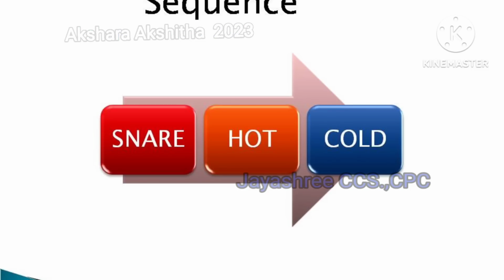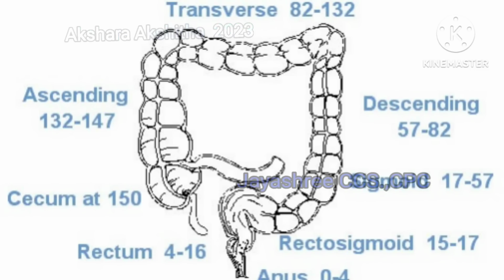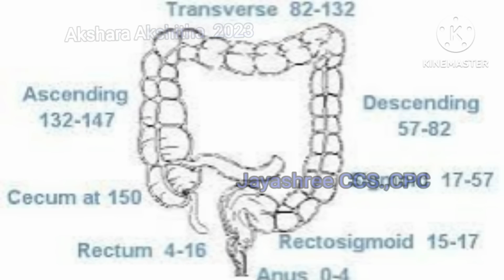This 50 centimeters means which colon, we don't know, right? So we should know from which centimeter to which centimeter is which colon. So we should know this diagram. 15 to 17 centimeters means rectosigmoid. 17 to 57 centimeters means sigmoid. 57 to 82 centimeters means descending colon. 82 to 132 centimeters means transverse colon. Like this, by seeing the centimeter, we have to know which colon.